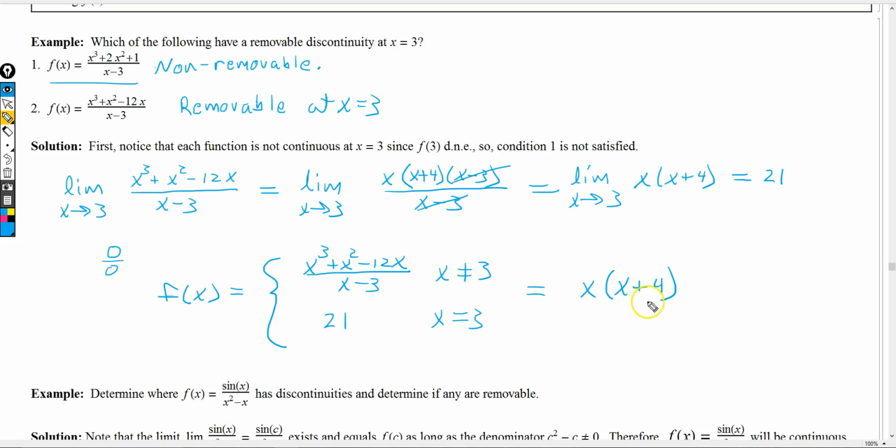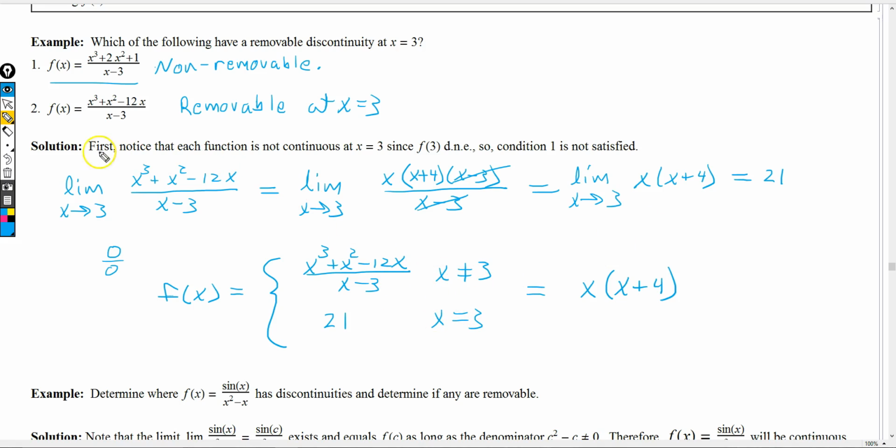Notice if I put 3 in here, I do get 21. And if we come back to our original function here, if we were to factor the numerator and denominator and cancel the x minus 3's, we get x times x plus 4. So that's all that we would be doing here.